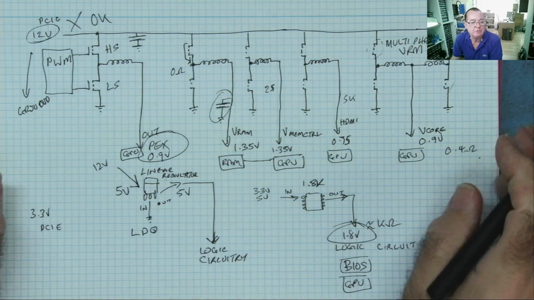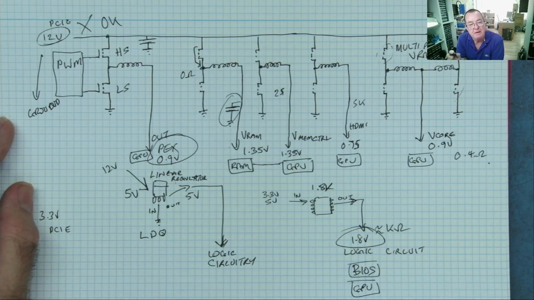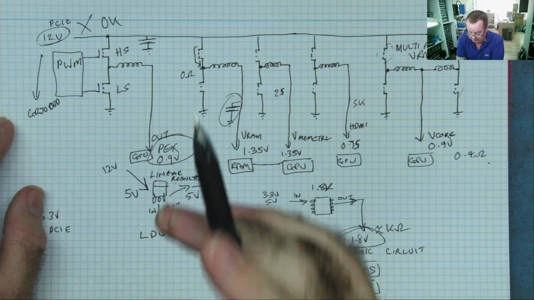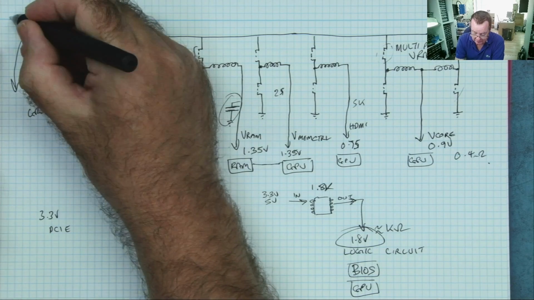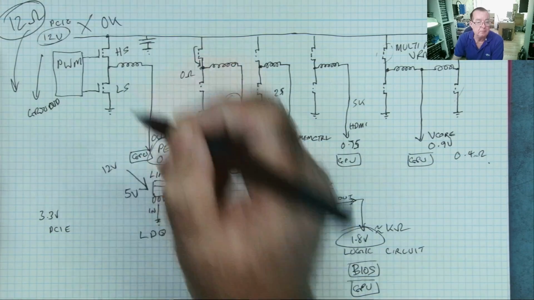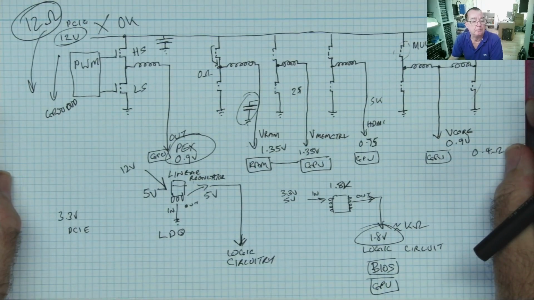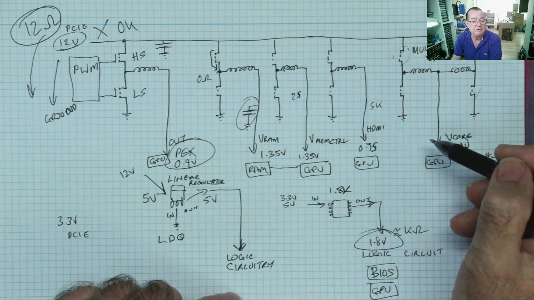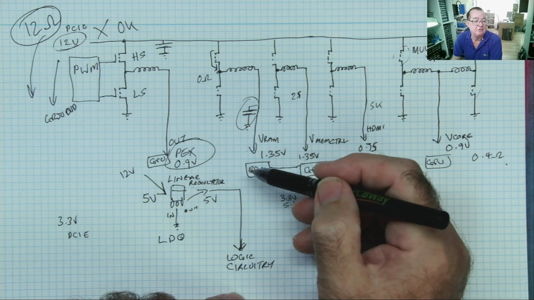I'll give you the last one to look for. You read on the 12 volts and you don't read a short, but you read some low resistance. Let's say from here to ground you read 12 ohms. It's low. It's not short, but it's low. If you want to know where the short is, what you need to do is go from each of the coils to ground and measure the resistance.